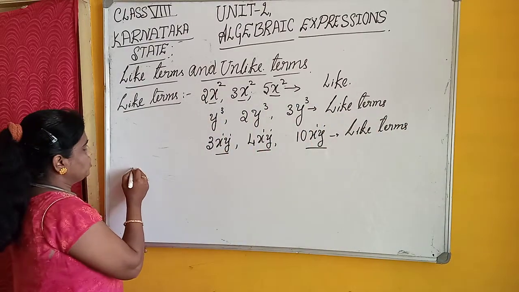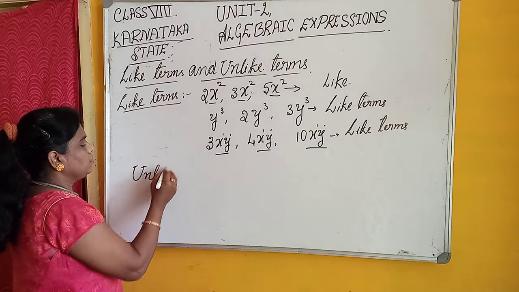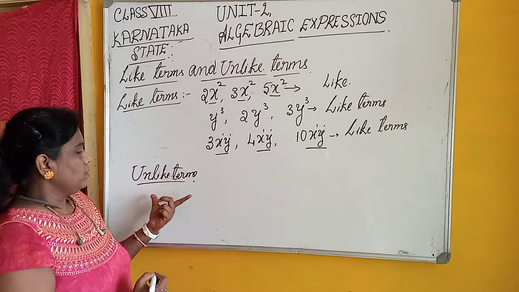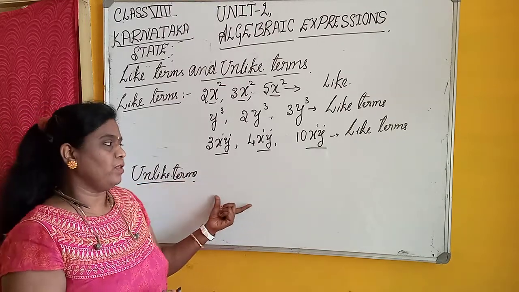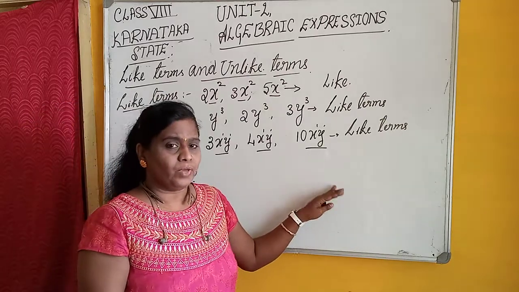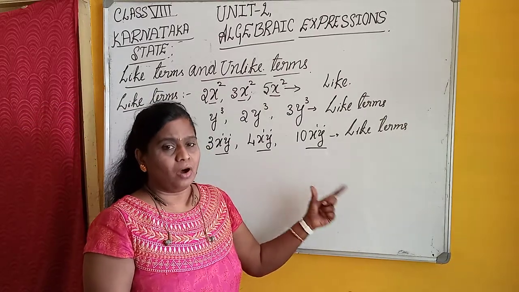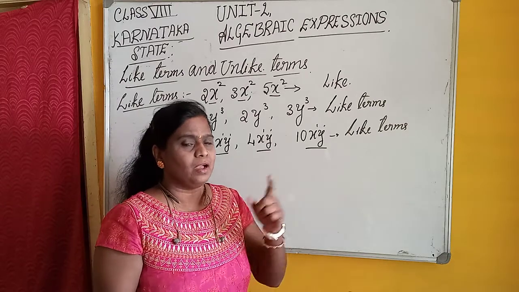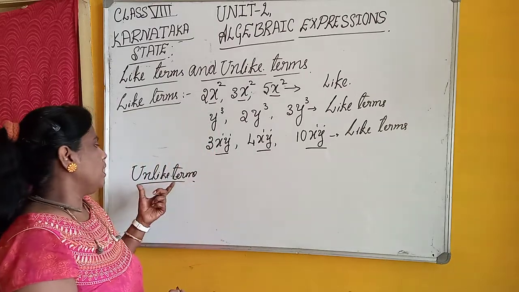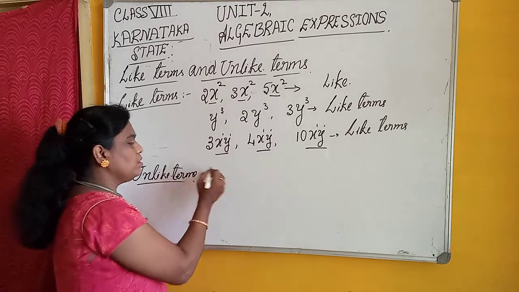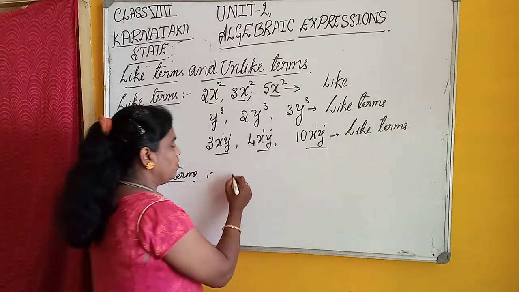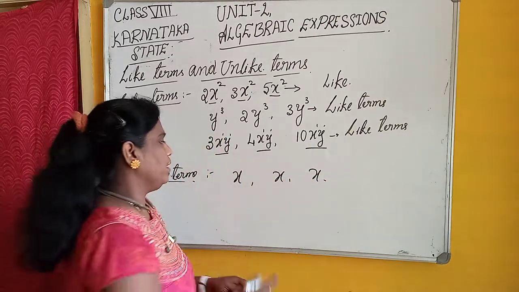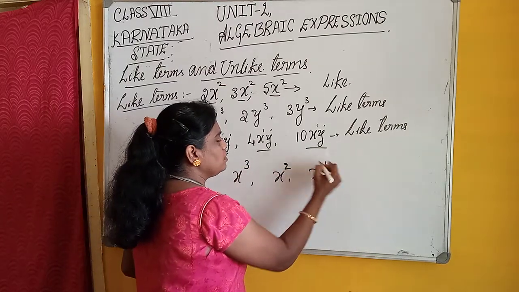Then what are unlike terms? Unlike terms are the terms which have the same variable with different exponents, or different variables. First, unlike terms which have the same variables, but their exponents are different. For example, this is x cube, this is x square, this one is x.